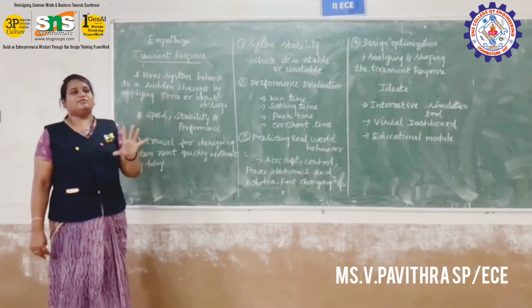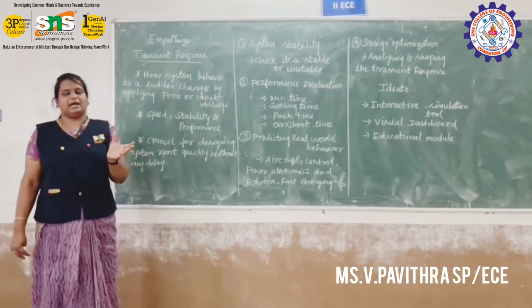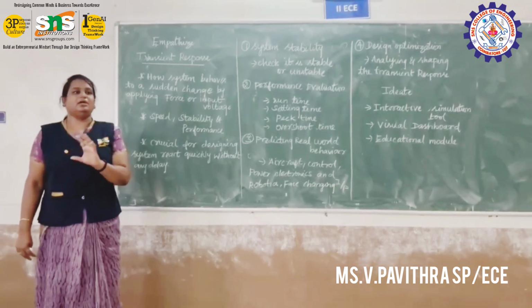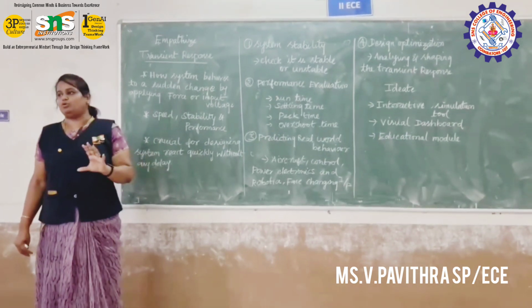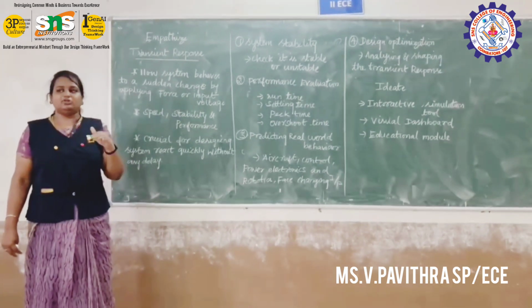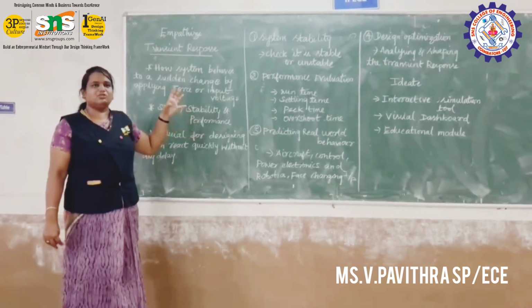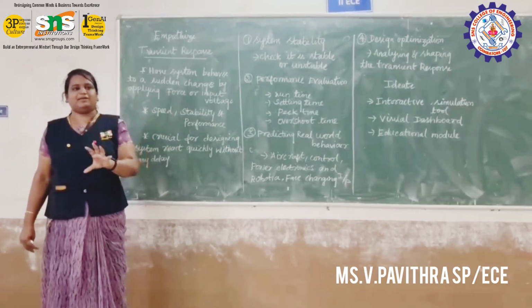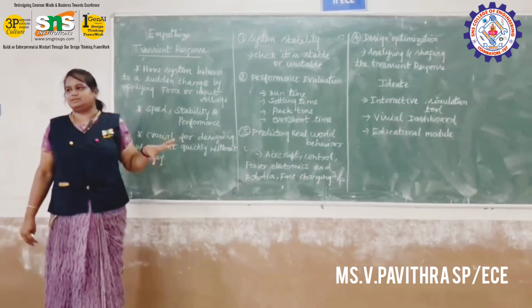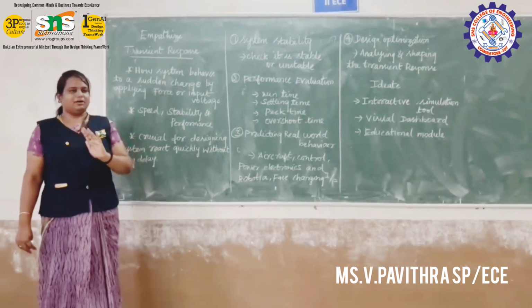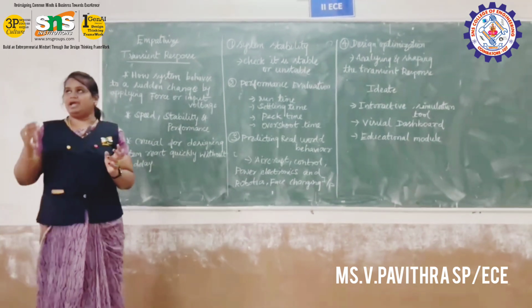For example, in an aircraft or in industry, there will not be a constant output or input. According to the power supply, it will change. So whenever the behavior is changing, that is called a transient response. For example, I can say we have a bulb, right?